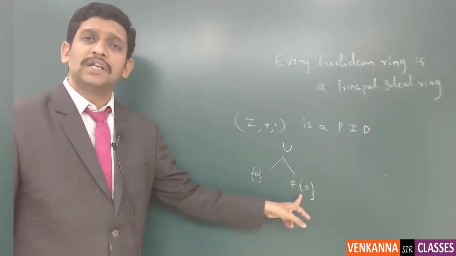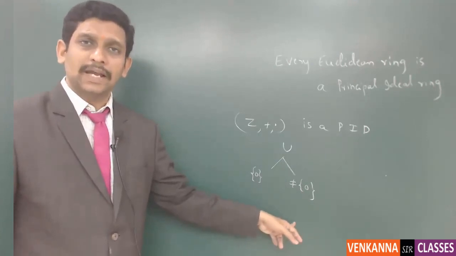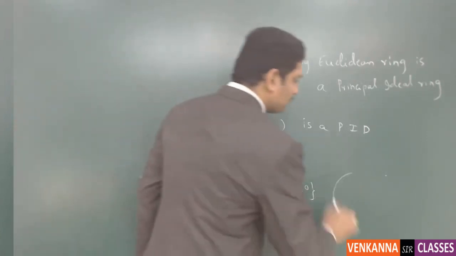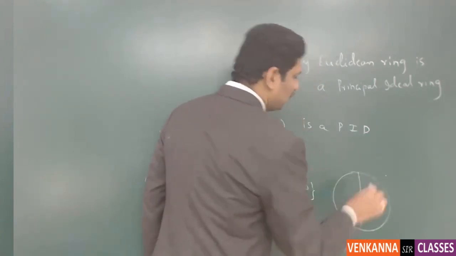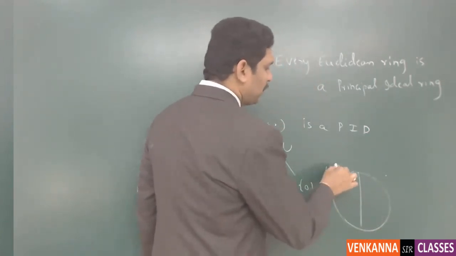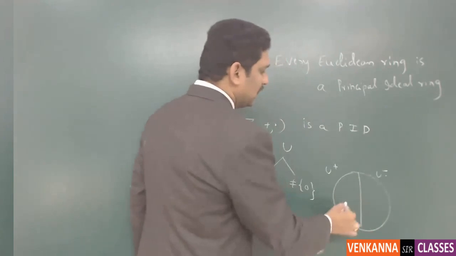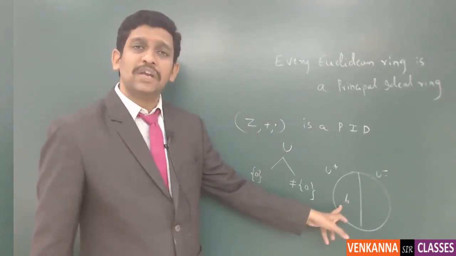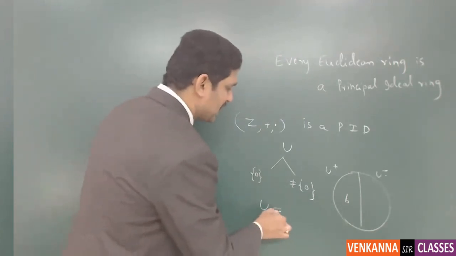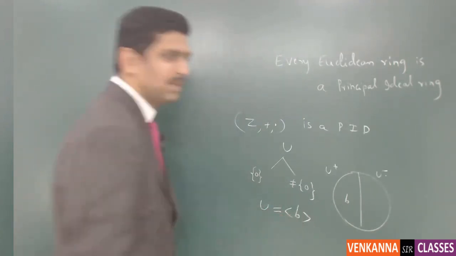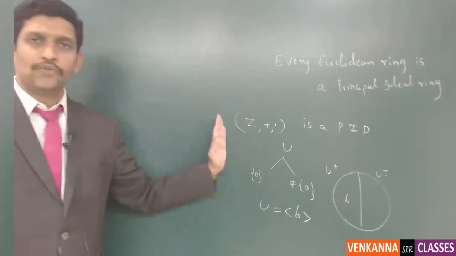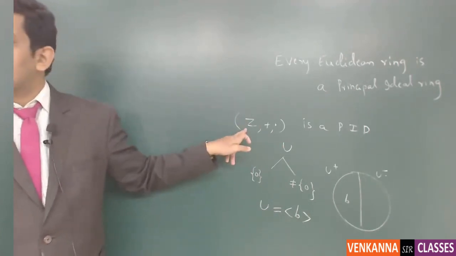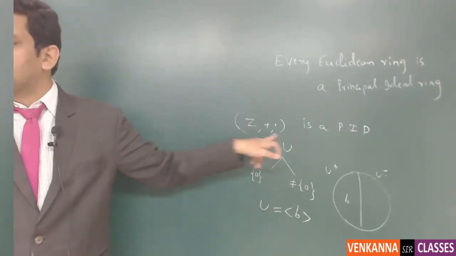If it is not a zero ideal, then you take the part that U is bifurcated as the positive values and negative values, in which we take that B is the smallest element and U is generated by this smallest element B. So this proof you have done already under the result that Z plus dot is a PID.